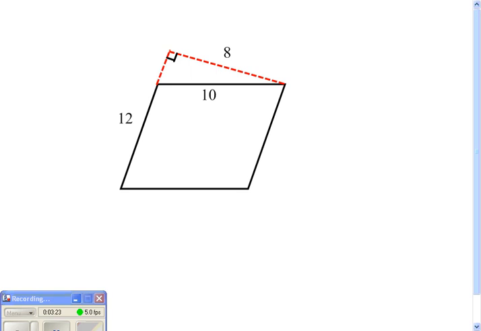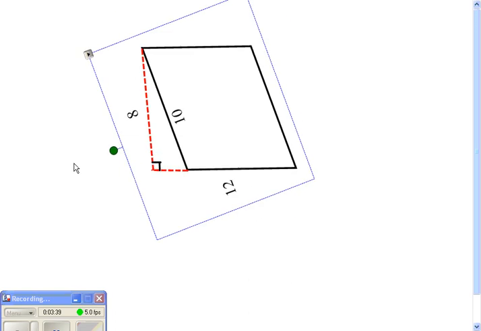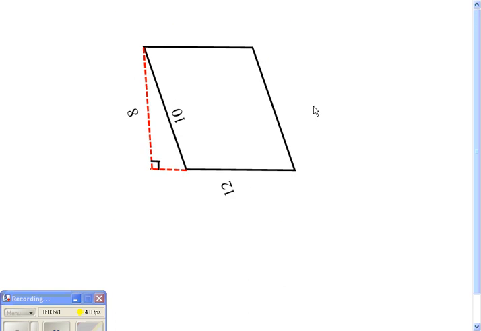Now, this picture might make some people uncomfortable because that height is not pointing down to the bottom or down to the ground. Even though we can still see that perpendicular up there, some of you might prefer to tilt your head or redraw the picture so it looks more like this, which is perfectly acceptable. So here we go, area, base times height.